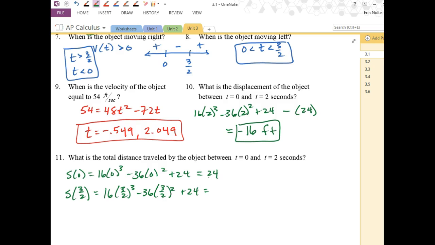I just plugged 2 into it, that's that piece. And then I plugged 0 into the position function. This is me abbreviating, plugging 0 in, because I had 0 plus 0 plus 24, which is 24. Yeah, but it's negative 80. You got negative 80 on this number? Did anybody else get any different numbers than this?